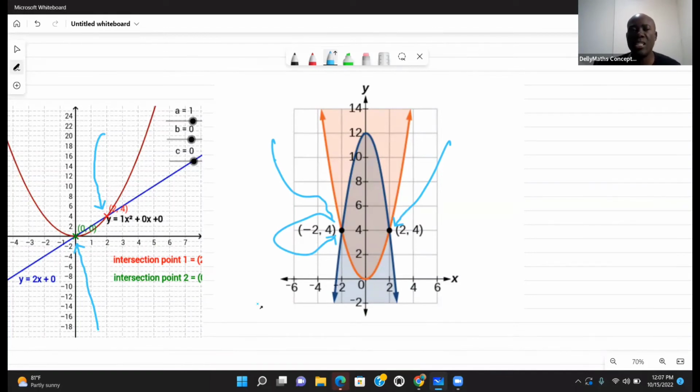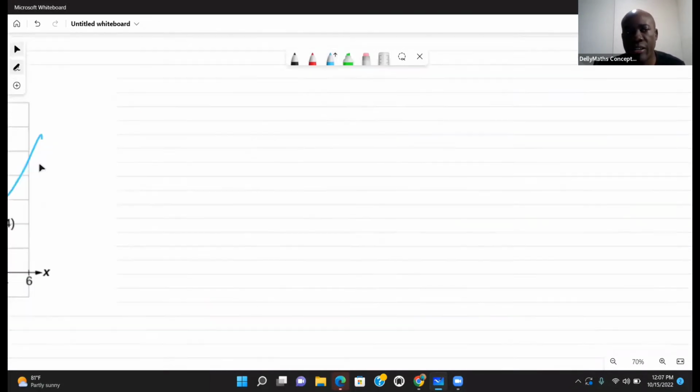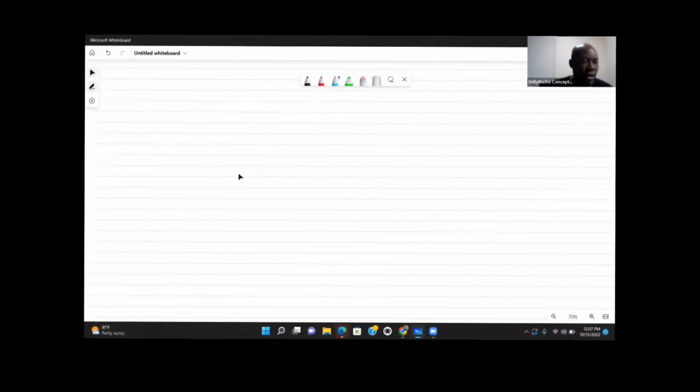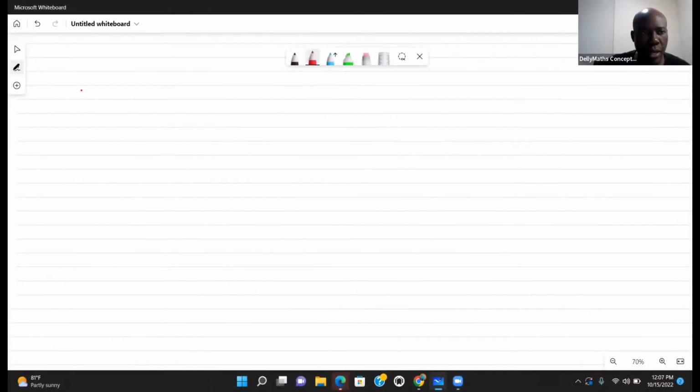How do you tell when it is a nonlinear from when it is just a regular one? So let us quickly look at what a nonlinear looks like. For example, you might see y equals x squared plus x minus 14.